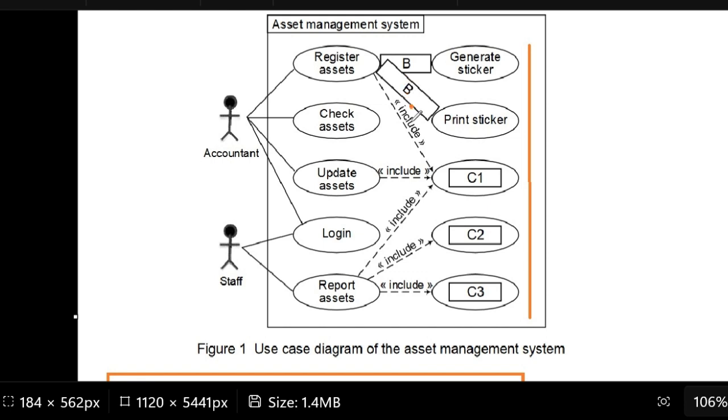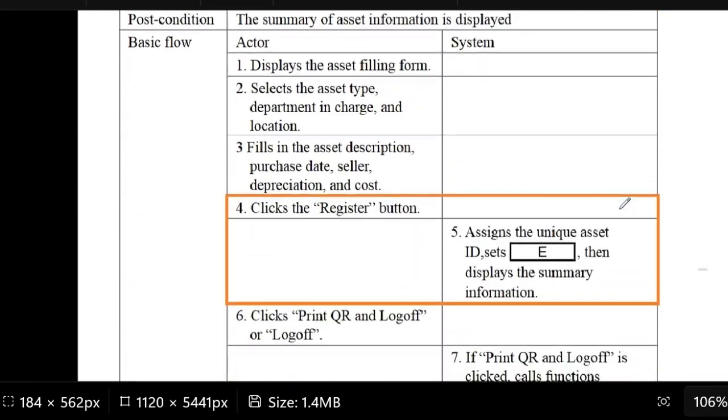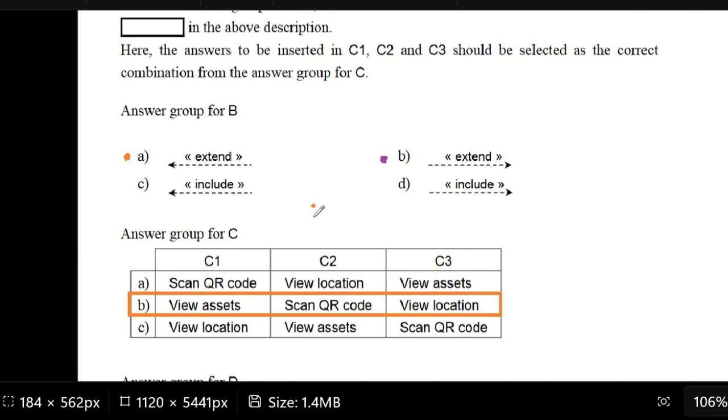And so for letter B, if we look at the choices, we have include and extend. The thing here is that the arrow goes this way in one set, and in another set the arrow goes the other way.